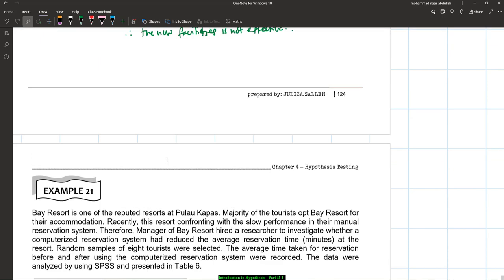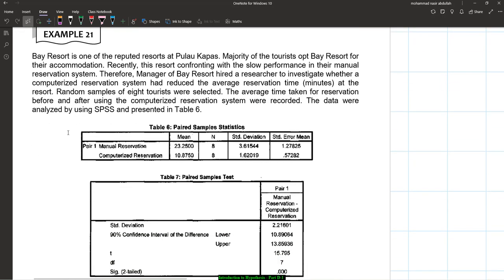So let's look at example number 21. For example number 21, the Bay Resort is one of the reputed resorts at Pulau Kapas, right? The majority of tourists opt for Bay Resort for their accommodation. Recently, this resort is confronting slow performance in their manual reservation system.